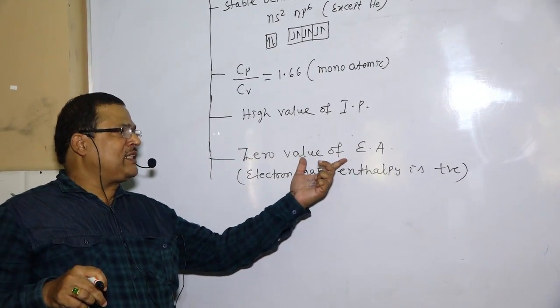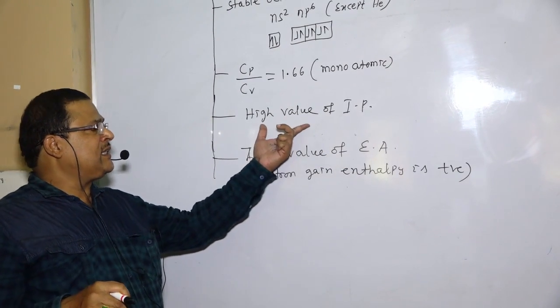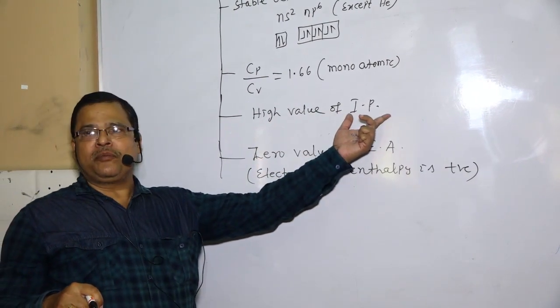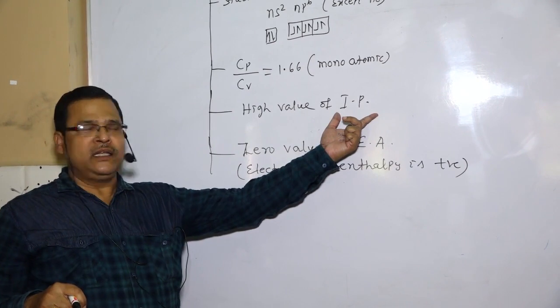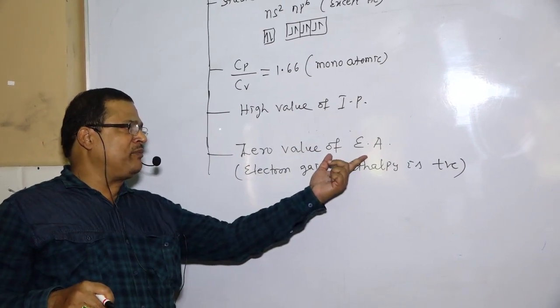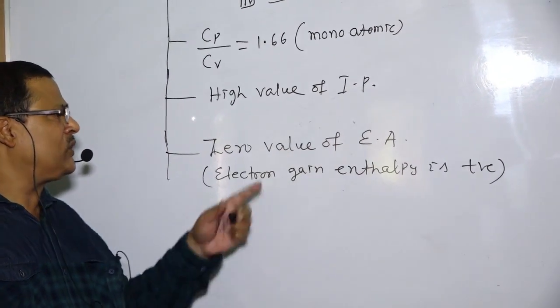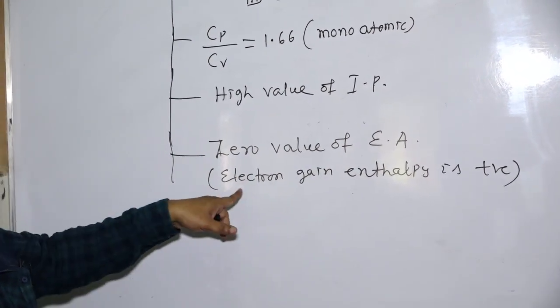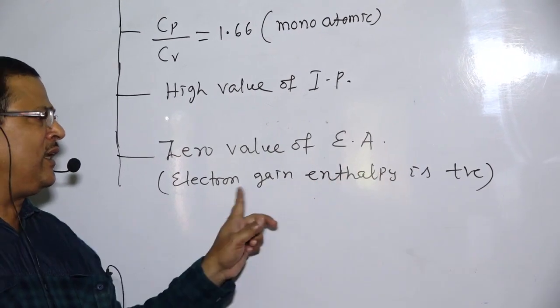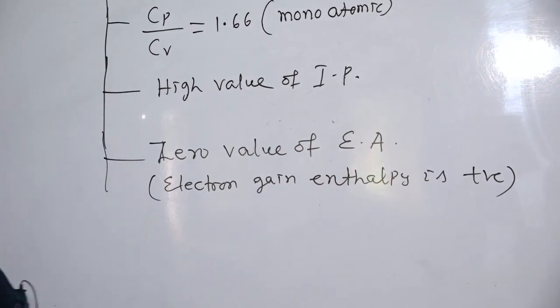So anion formation is not possible. In this case, cation formation is not possible because of the high ionization potential. Anion formation is not possible because of zero electron affinity, or we can say electron gain enthalpy is highly positive.